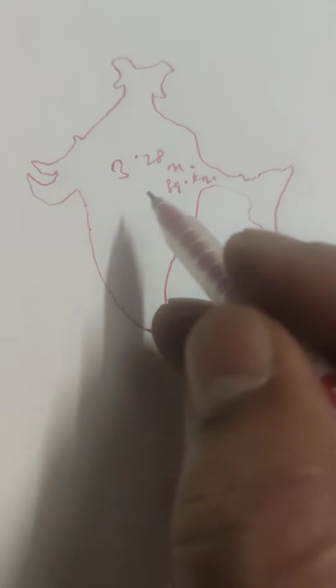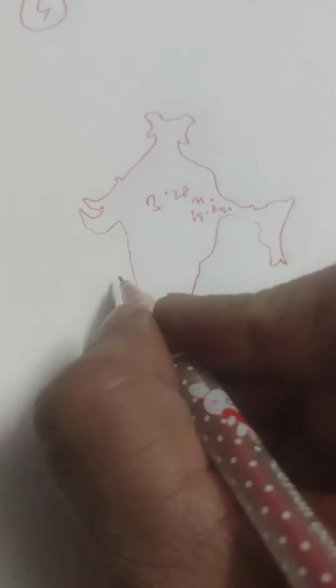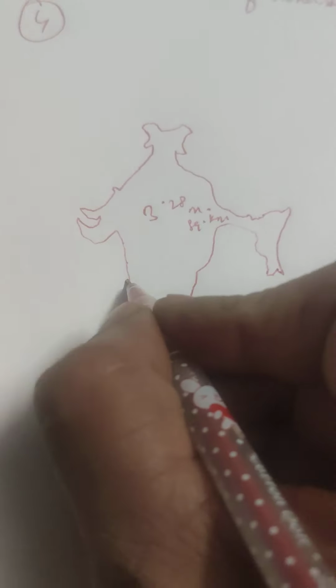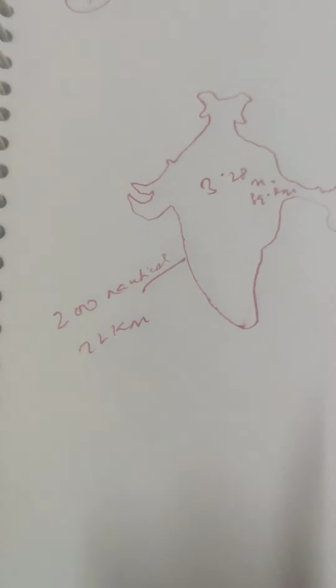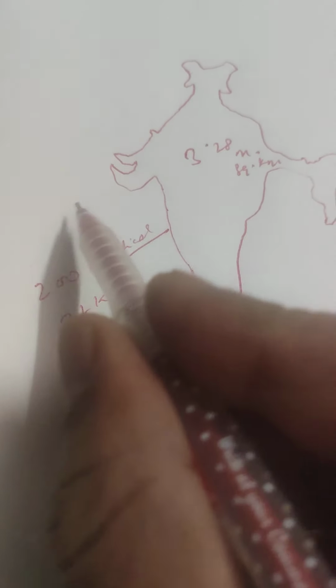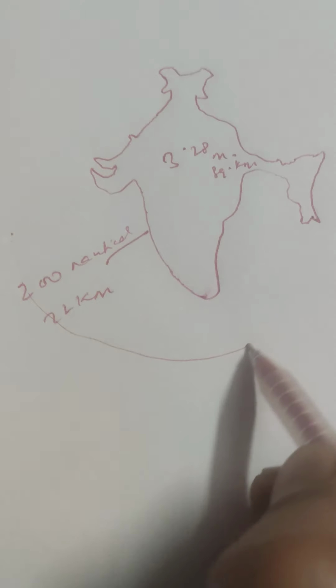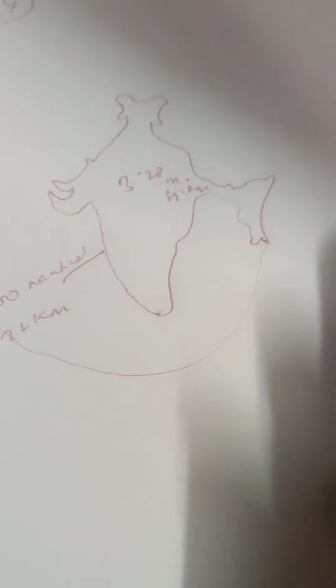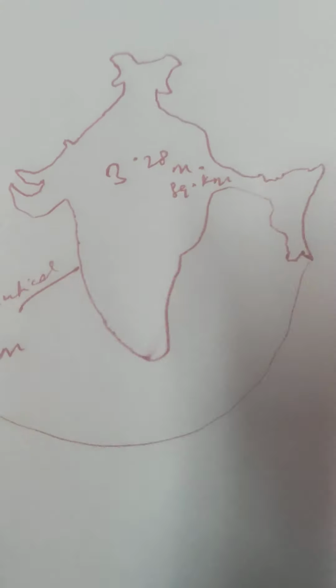Not only this, but into the ocean also, if you go up to 200 nautical miles or 22 kilometers, that is also a national resource. So any resource in the land area and within this limit of a country is a national resource.